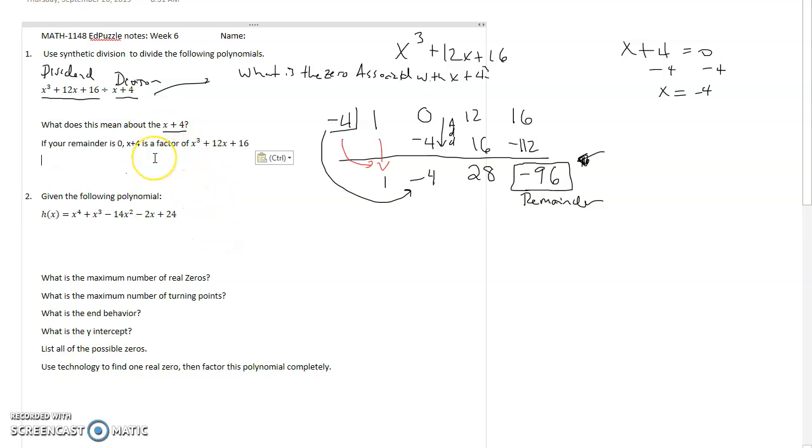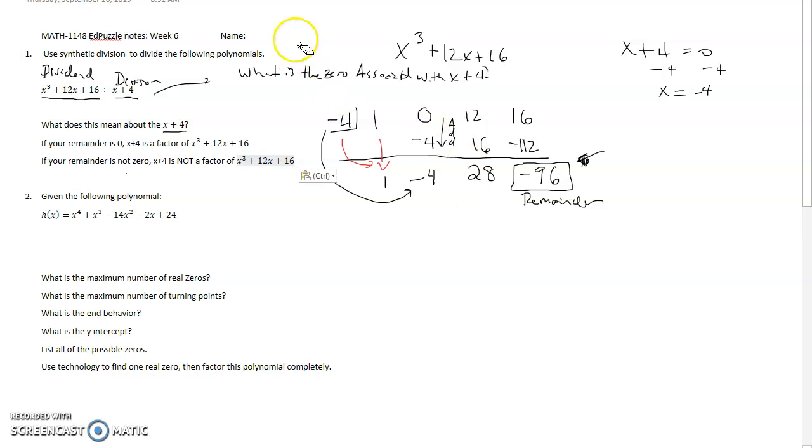But if your remainder is not 0, if it's anything else, x plus 4 is not a factor of that polynomial. And that's the case that we have right now, is we know that x plus 4 is not a factor of x cubed plus 12x plus 16.